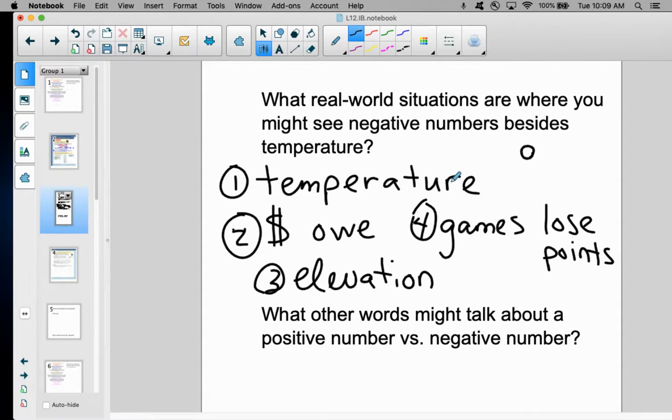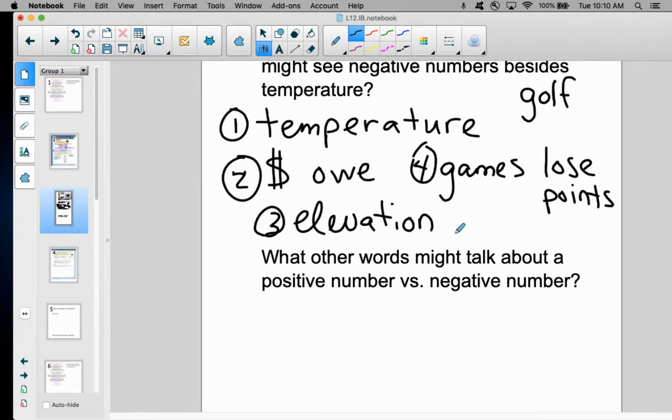Now, golf is one of those things where there are some games where it's good to be close to zero, but some other games you could get into negative situations when you're losing points. So there are going to be key words to kind of fall in line with this idea of topics.